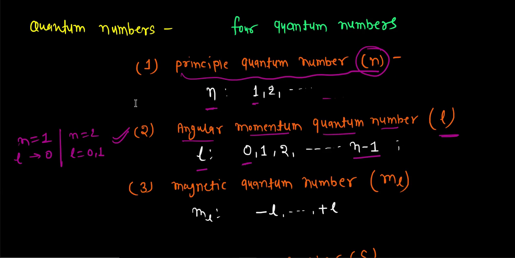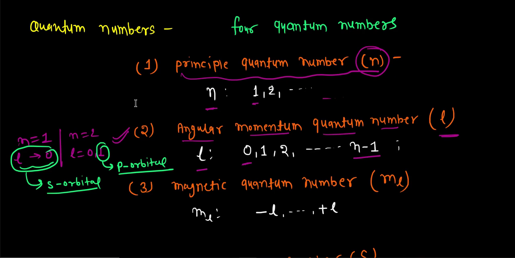Now, one thing: L is equal to 0 is also described as s orbital. Okay, and L is equal to 1, we also describe it as p orbital. Okay, so these are the orbitals.